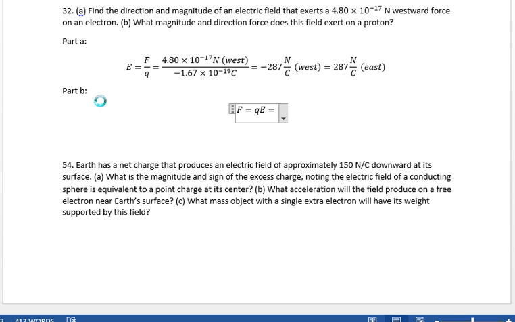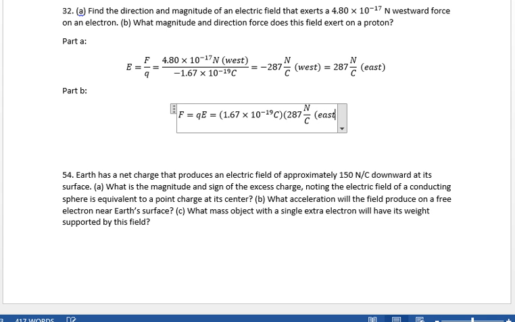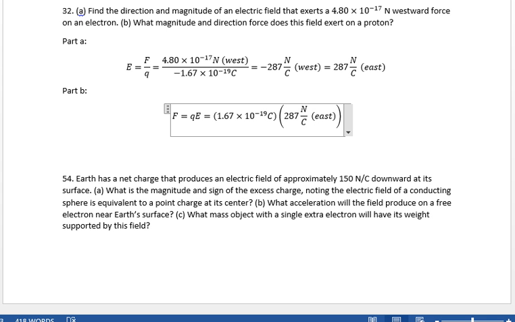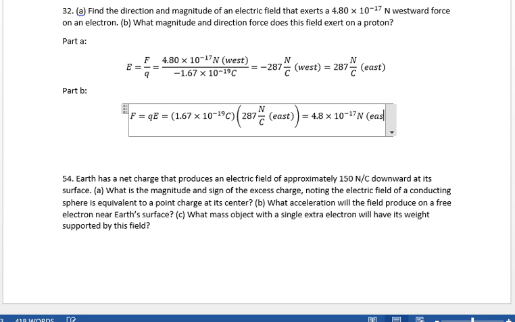So 1.67 times 10 to the minus 19 coulombs times the electric field, 287 newtons per coulomb east. And that's going to give us 4.8 times 10 to the minus 17 newtons in the eastern direction.